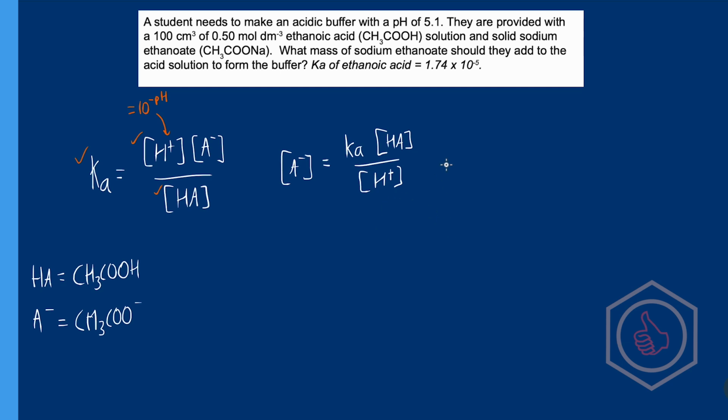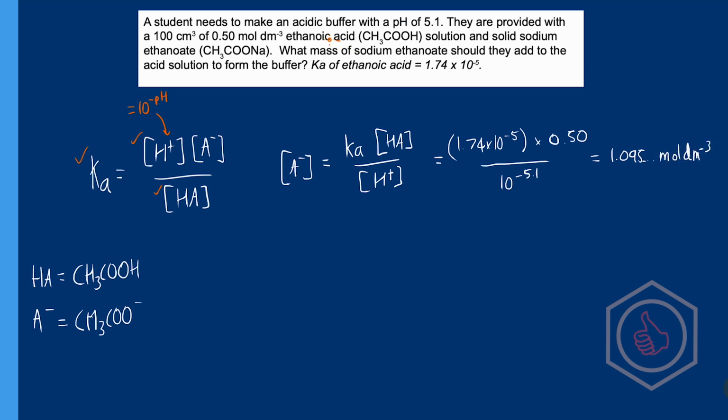So let's substitute the values in. Well, the Ka value is 1.74 times 10 to the minus 5. The concentration of HA is 0.50, and the concentration of H+ is going to be 10 to the minus 5.1, giving us a concentration of A- of 1.095 mole per decimeter cubed.